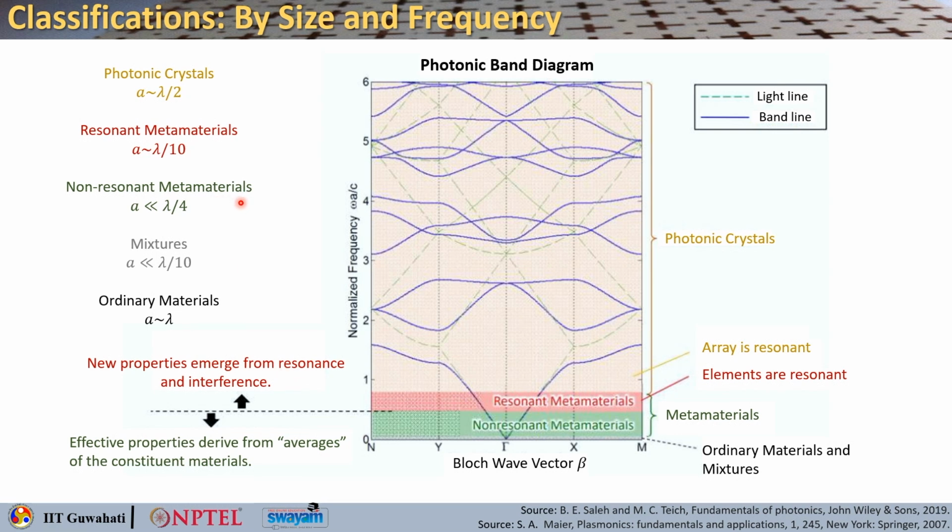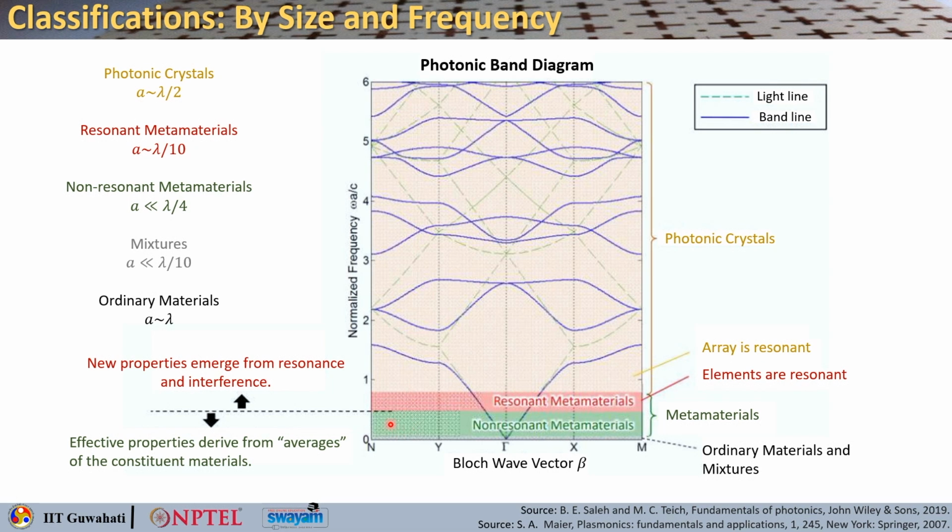You also have non-resonant metamaterials where the periodicity is much smaller than lambda by 4, and that is basically in this region. Okay. So, here the effective properties derive from the averages of the constituent materials, right.